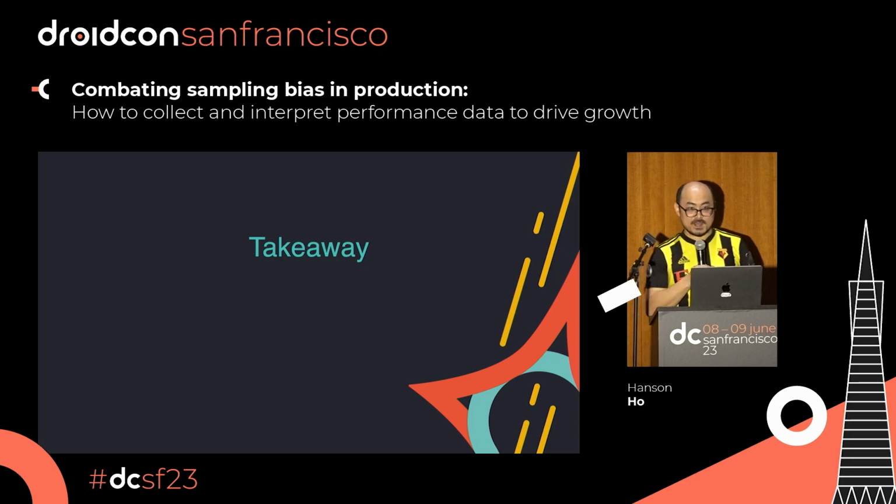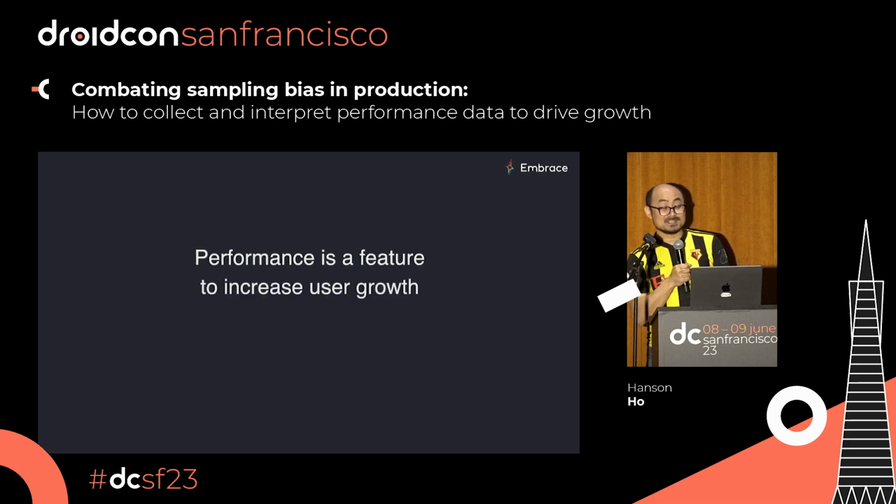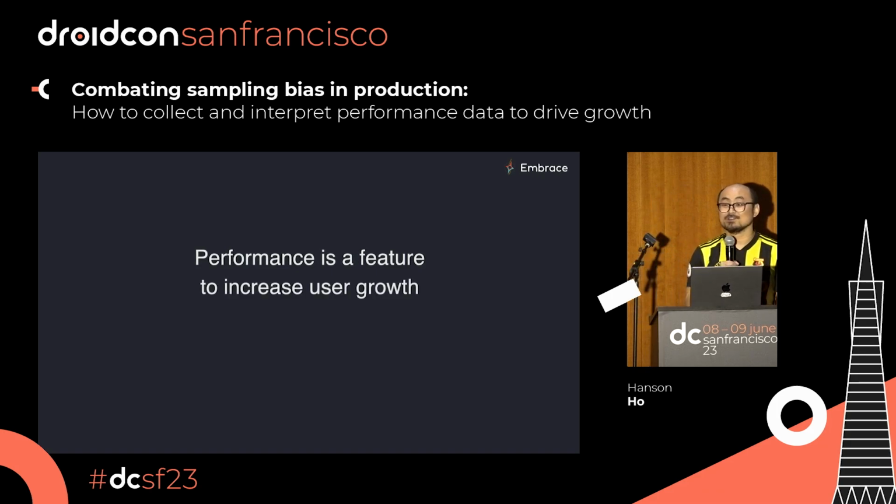So I've talked a lot today about sampling biases, mitigation tactics. And if you leave this with one takeaway, I want you to leave it with this takeaway. That performance is a feature. It's a feature that increases user growth.